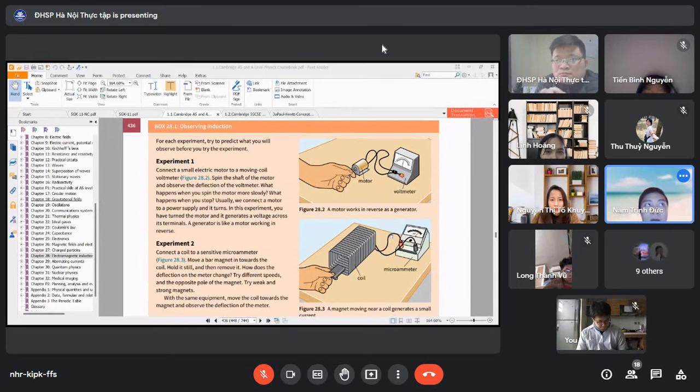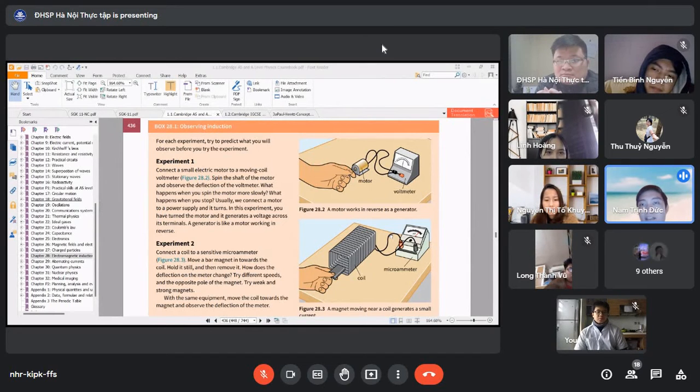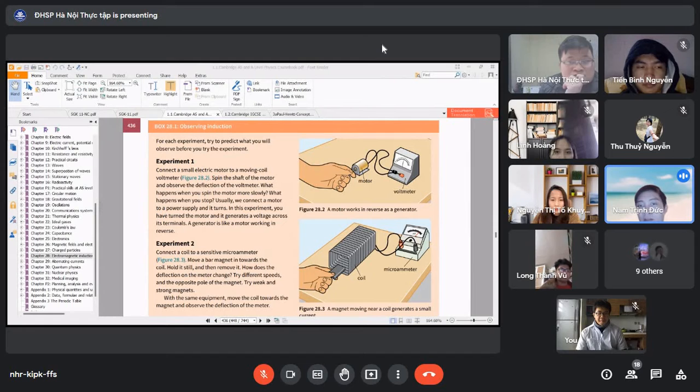With that, we learn about the formula, how to calculate the EMF, and also the others, the currents or the rate of change of the magnetic flux and the relation between them.